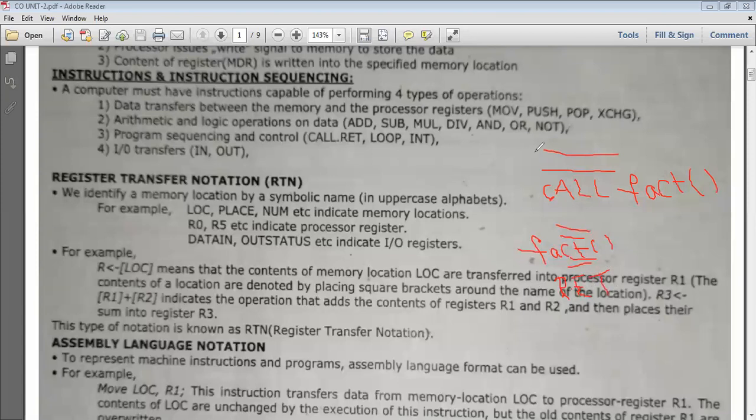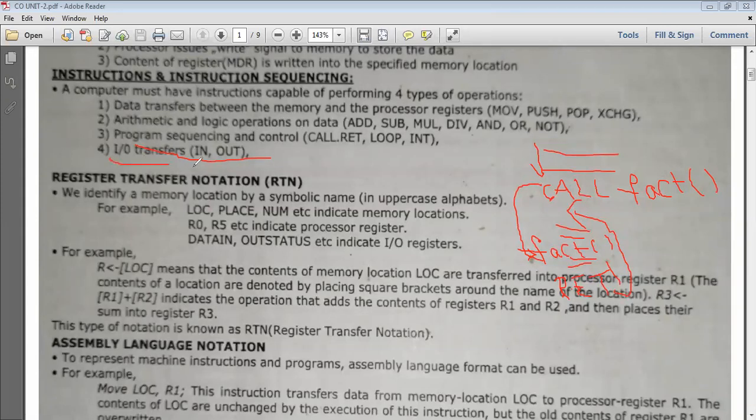Instructions are executed one by one. Whenever we call some function, the controller goes to that function and executes whatever instructions are present in that function. After completing the function, it returns to the main program. So here we have program sequencing and control. Whether executing sequentially or jumping to another place will be decided here. These are also operations performed in the computer.